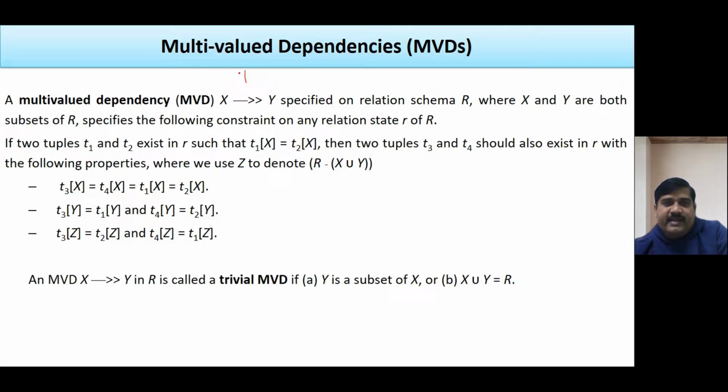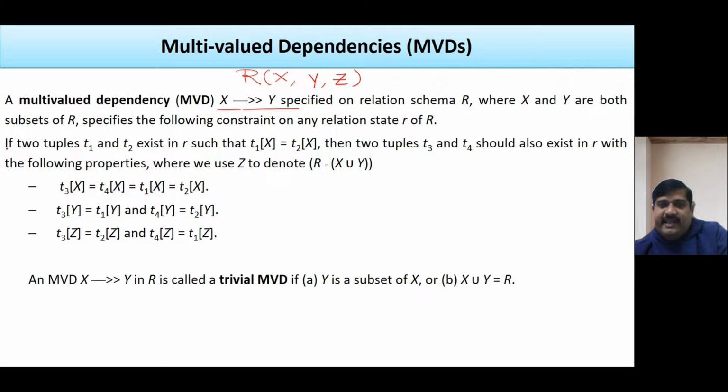Suppose we have a relation R in which there are three attributes X, Y, Z. So for non-trivial multi-value dependencies, there should be at least three attributes X, Y, Z. If X multi-value determines Y, then there are these three conditions which should be satisfied in the relation.